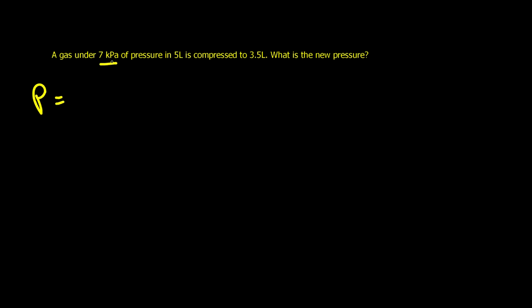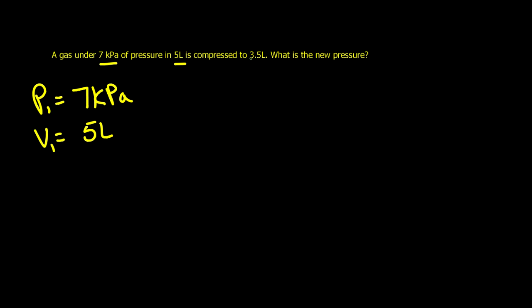I know it's pressure because of kilopascals. And this 7 kilopascals is in 5 liters. That's another variable, volume. I know it's a volume because of the liters. These two values go together, so I call this P1 and V1.